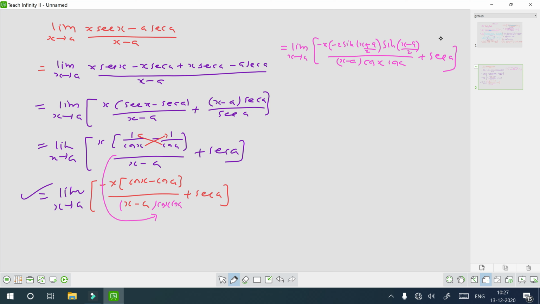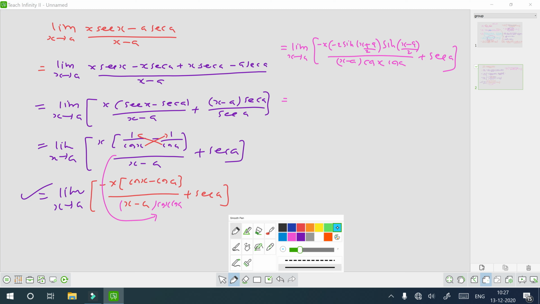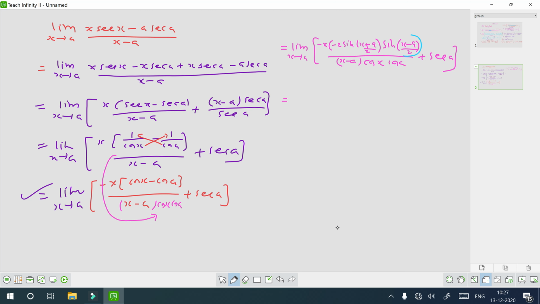It will come in the denominator also. Now see here, other than this sine (x minus a)/2 over this one, take this 2 here. Clear?